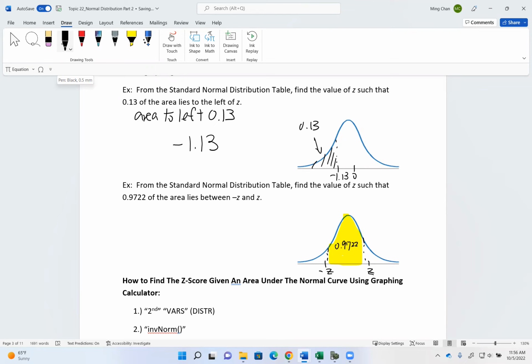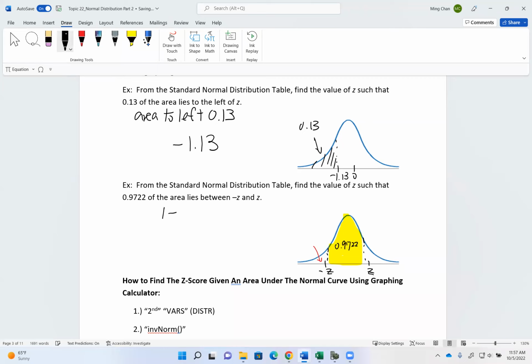So what we want to do is find the area to the left of the negative z. Because if I can know what this area is, then I can look up on the table to figure out what this z is. And the other one is just a positive version of that one. So the 0.9722 is in the middle, right? That means this area and this area have to be exactly the same.